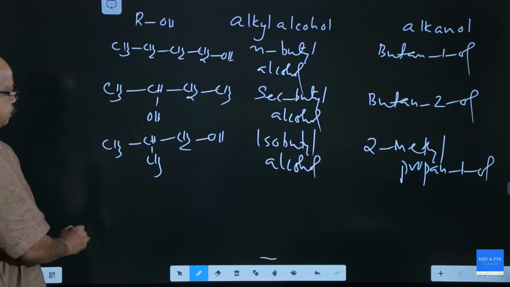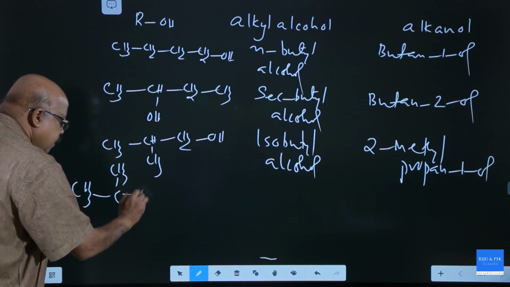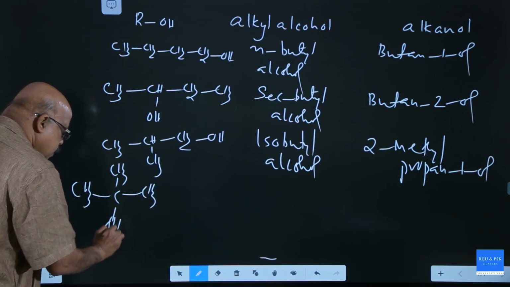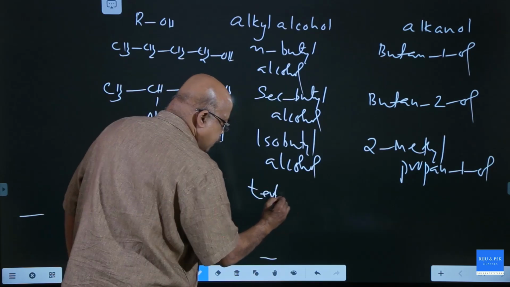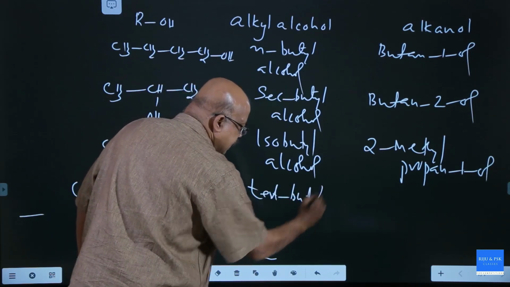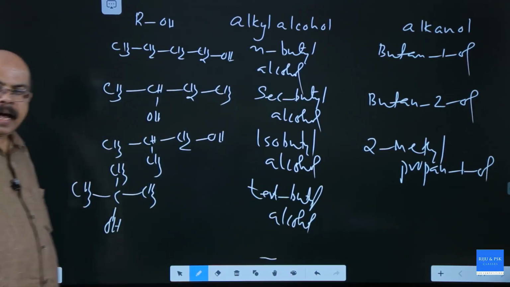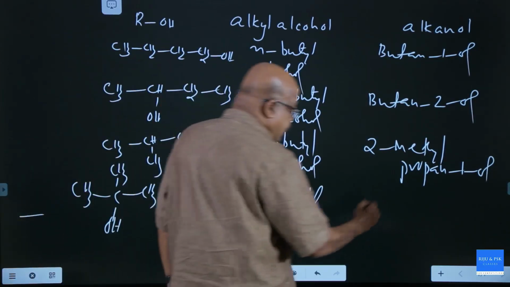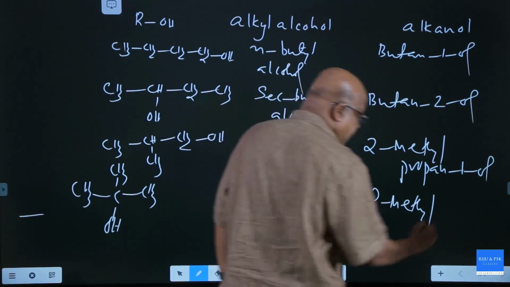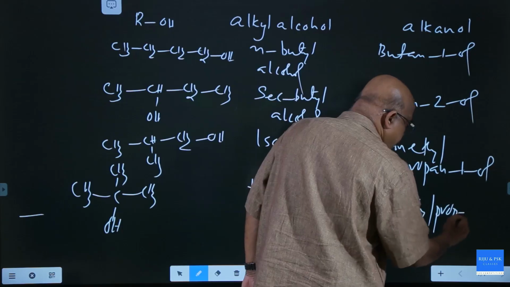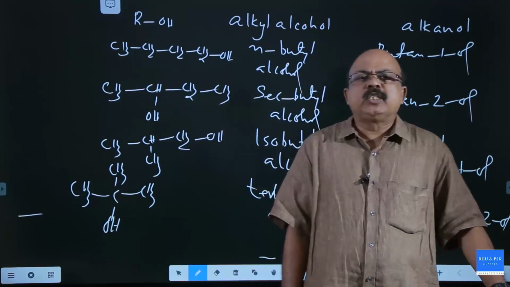Another one, (CH3)3COH. This is tert-butyl group. It is tert-butyl alcohol. IUPAC name is 2-methyl propan-2-ol.